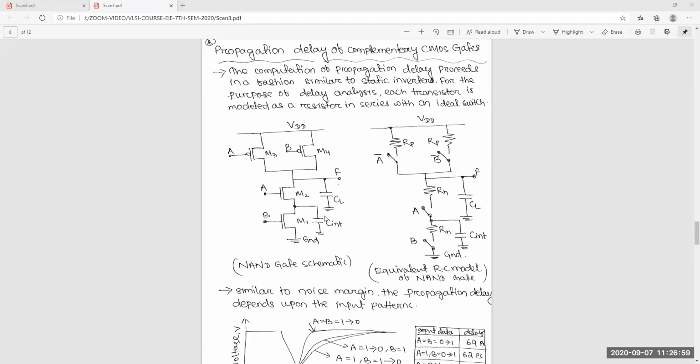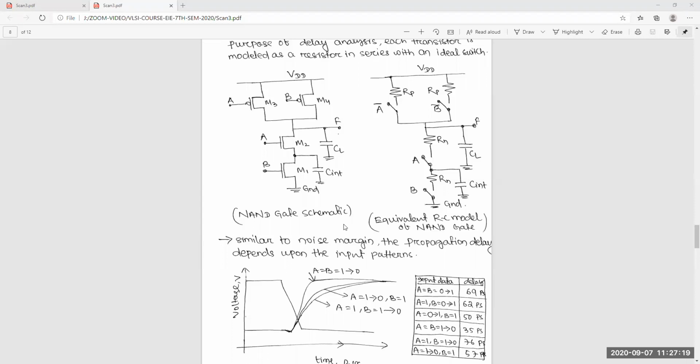That is a small capacitance for this 2-input NAND gate, so for a first-order calculation we can ignore it. If you add it, there will definitely be some performance deviation, but for simplicity of calculation we can ignore it.